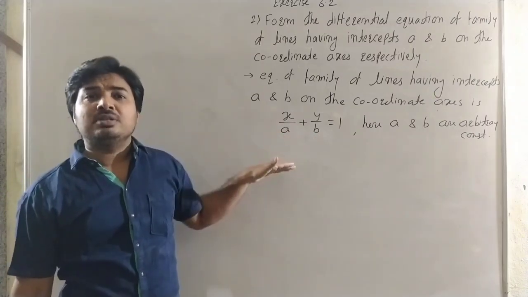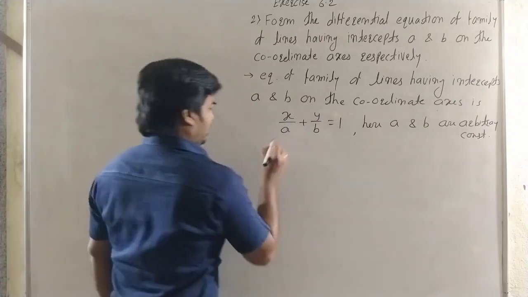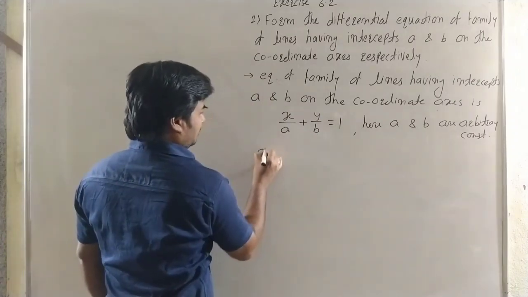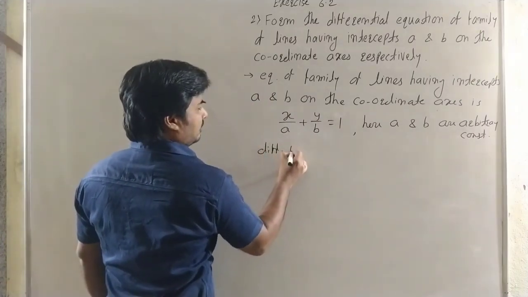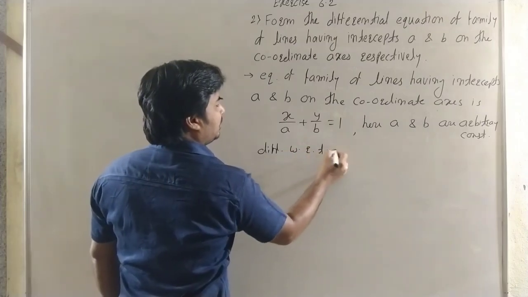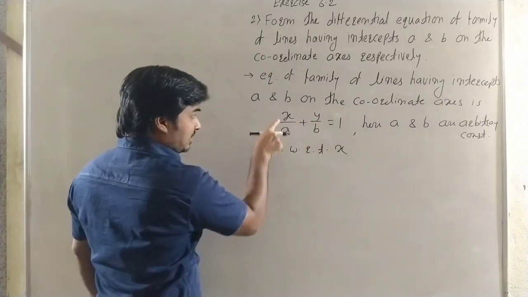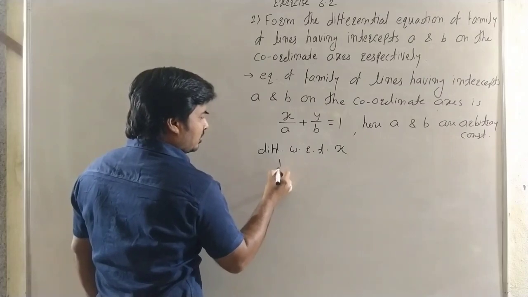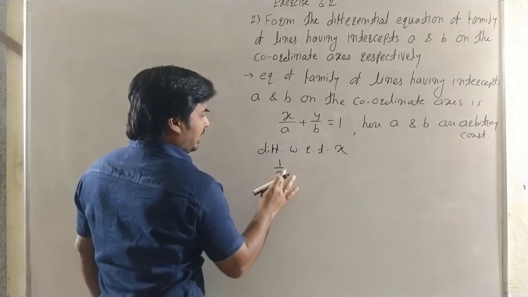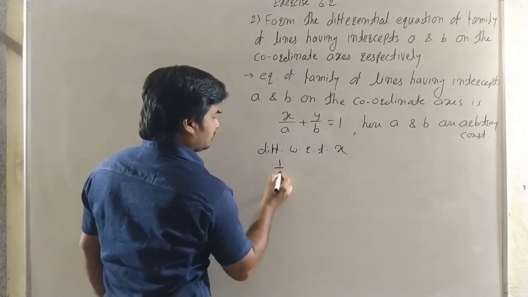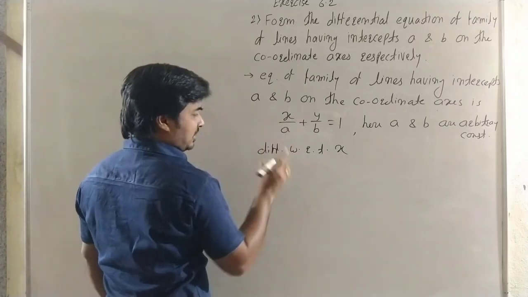So here differentiate twice. First differentiate with respect to x. Here 1 by a is a constant, and derivative of x is 1.